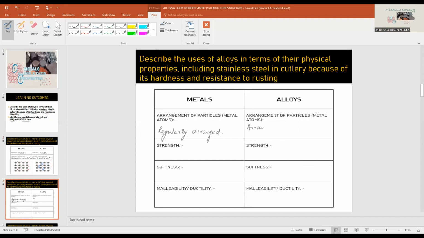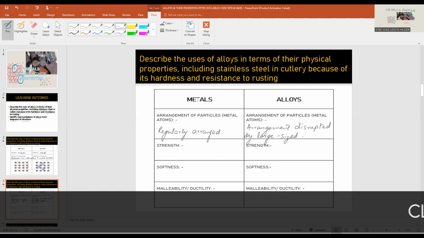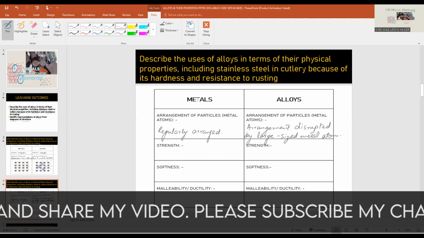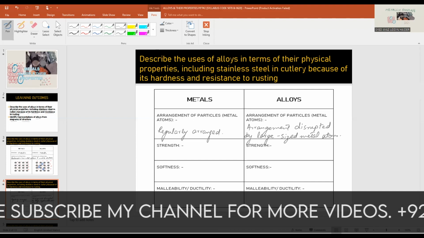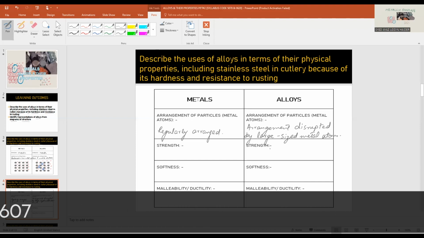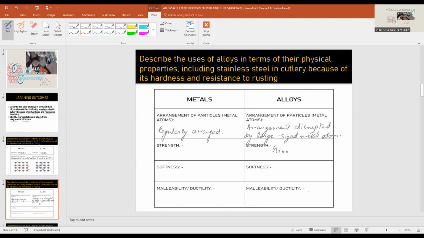Arrangement disrupted by large sized metal atoms. You can write cations. Talking about strength, alloys are stronger than metals.